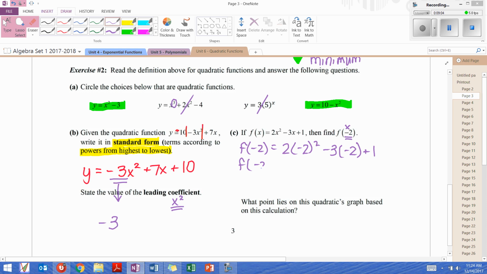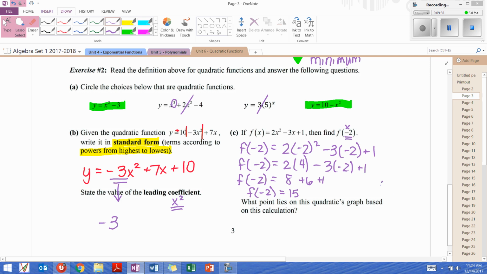All right, let's simplify. So exponents. -2 times -2 is a +4. And everything else stays the same. PEMDAS. So after exponents, we then, you got it, multiply. So 8 plus 6 plus 1. So if I input -2, I get a value of 15 out.